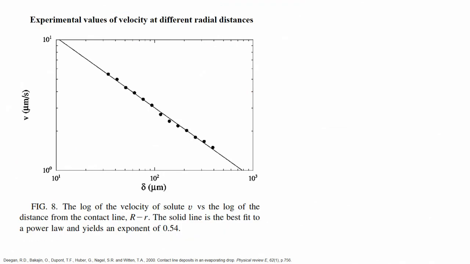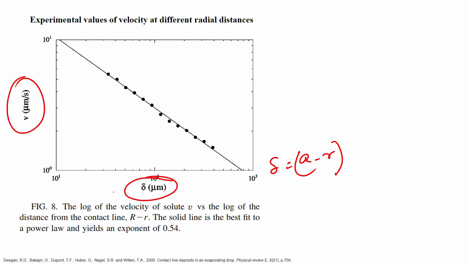If you measure these values experimentally, delta is equal to capital R minus small r, and you see that the velocity and delta are given in this particular way. Of course, very close to the interface, when r is equal to capital R, the entire thing starts to blow up, so you have to use some factor to scale it down.